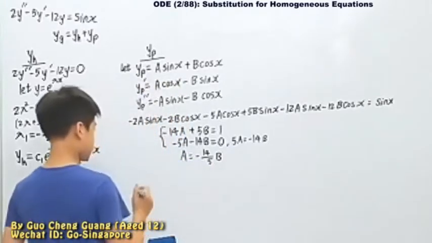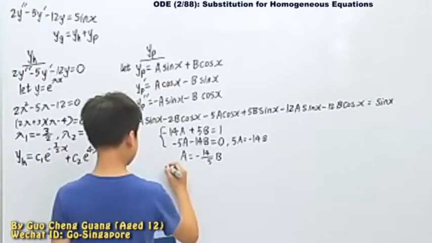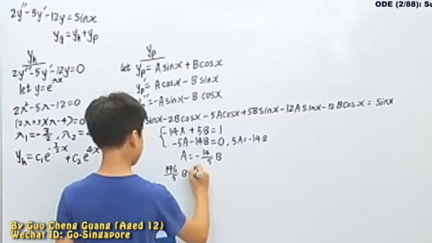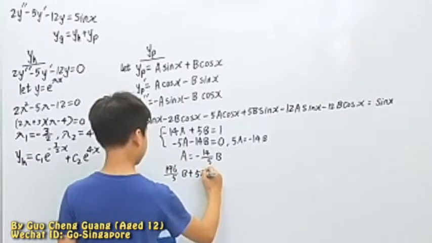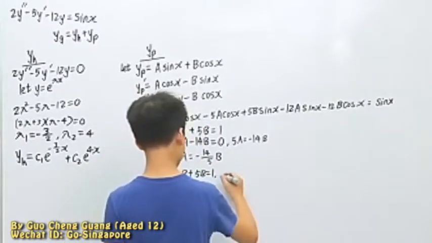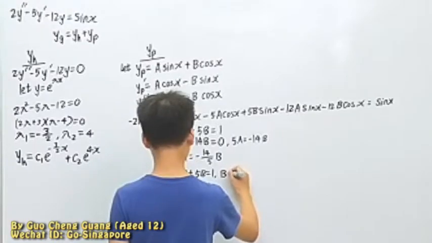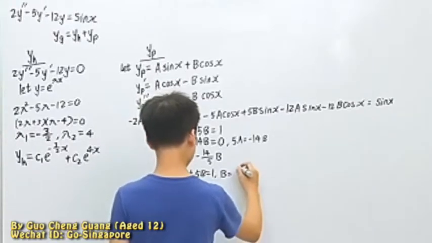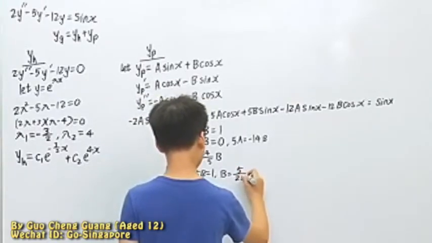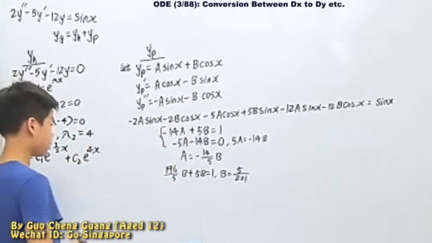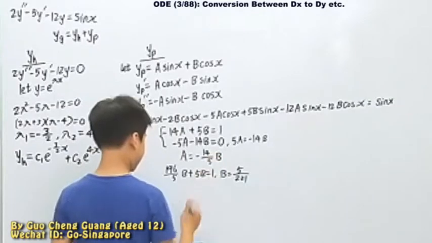Then we can put this inside. So that means b would be 5 over 2 to 1. Then we can sub this back to find a.